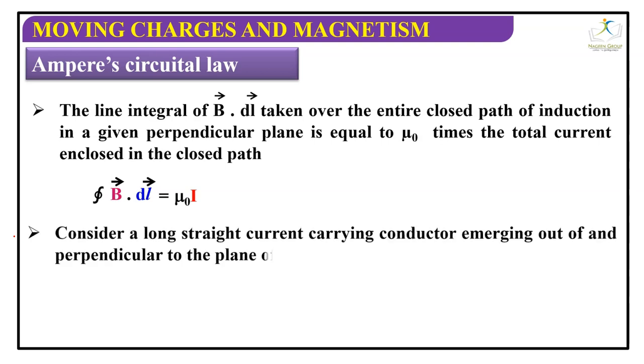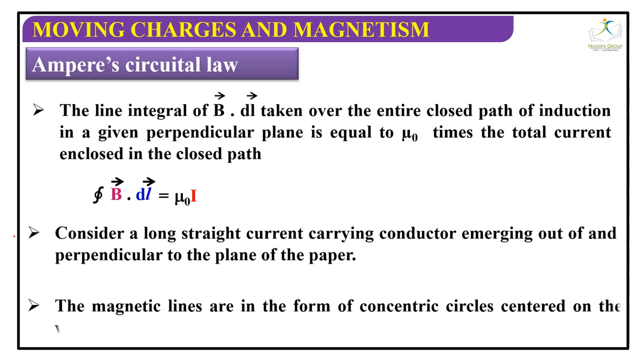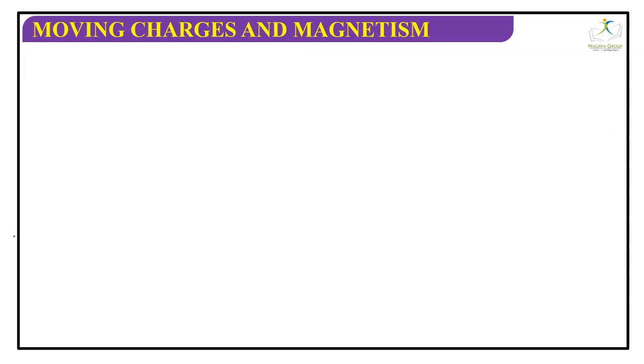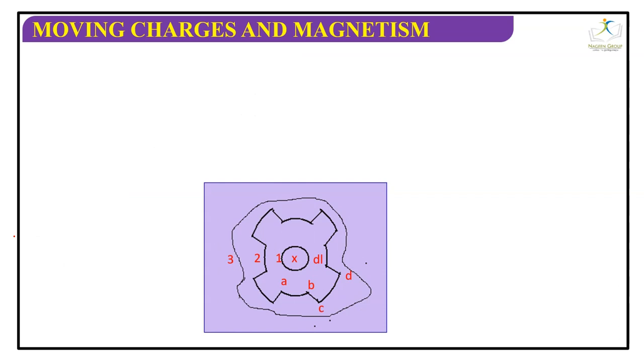So consider a long straight current carrying conductor emerging out of and perpendicular to the plane of the paper. The magnetic lines are in the form of concentric circles centered on the wire, like this.